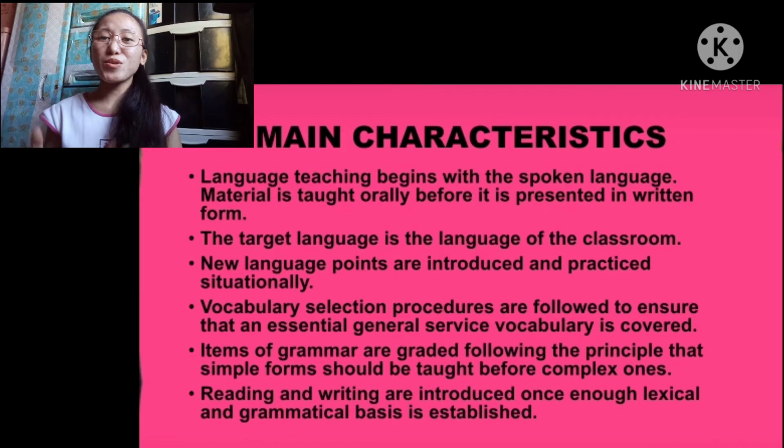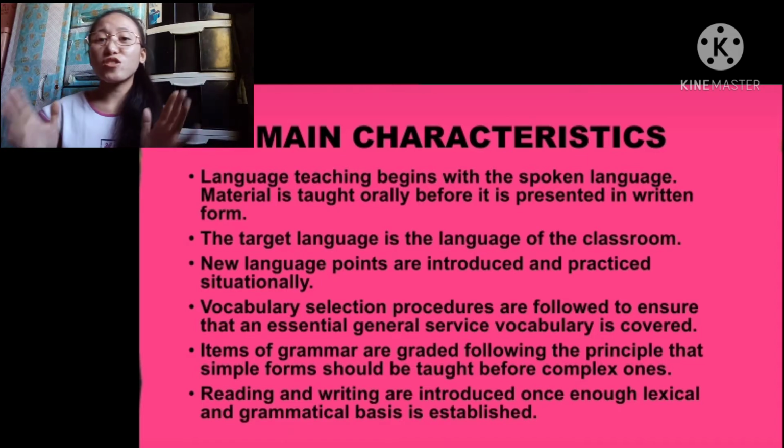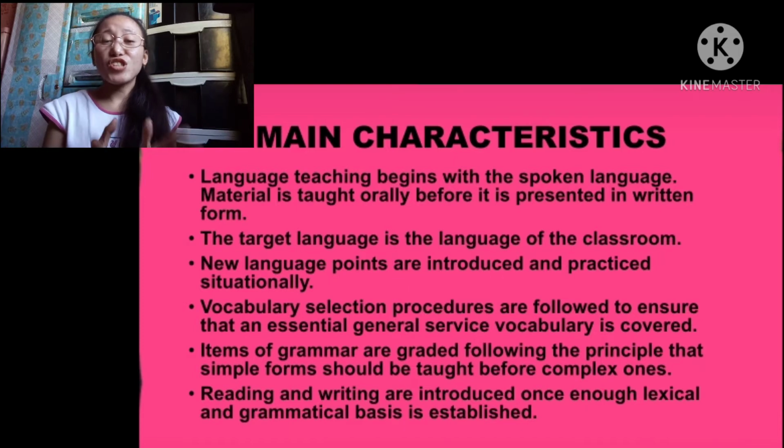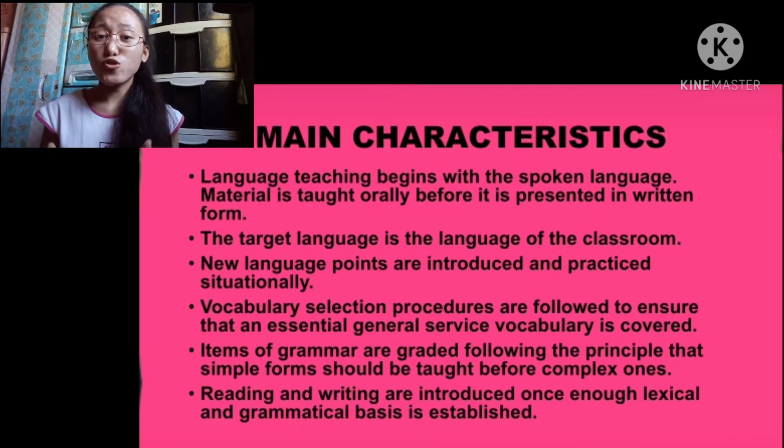The main characteristics of that approach at the time were as follows. First, language teaching begins with the spoken language. Material is taught orally before it is presented in written form. Second, the target language is the language of the classroom. Third, new language points are introduced and practiced situationally.